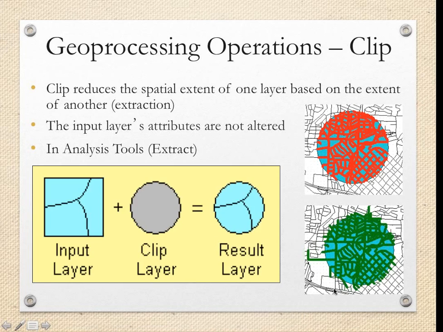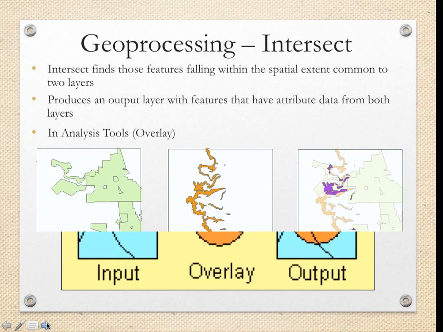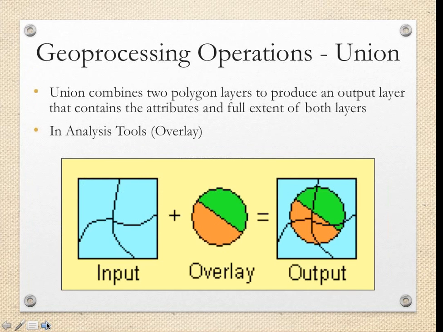Okay. So the next tool I'll be talking about is Clip. The Clip tool will reduce the extent of one layer based on the extent of another layer. An example of when you would use the Clip tool is if you had one layer that's streets and that extends through all of Los Angeles, and another layer that's just an outline of downtown Los Angeles.